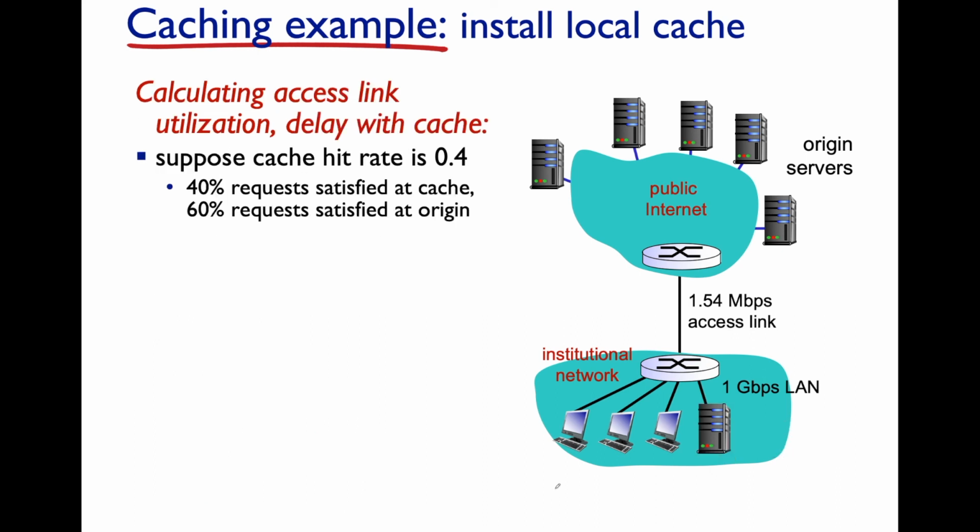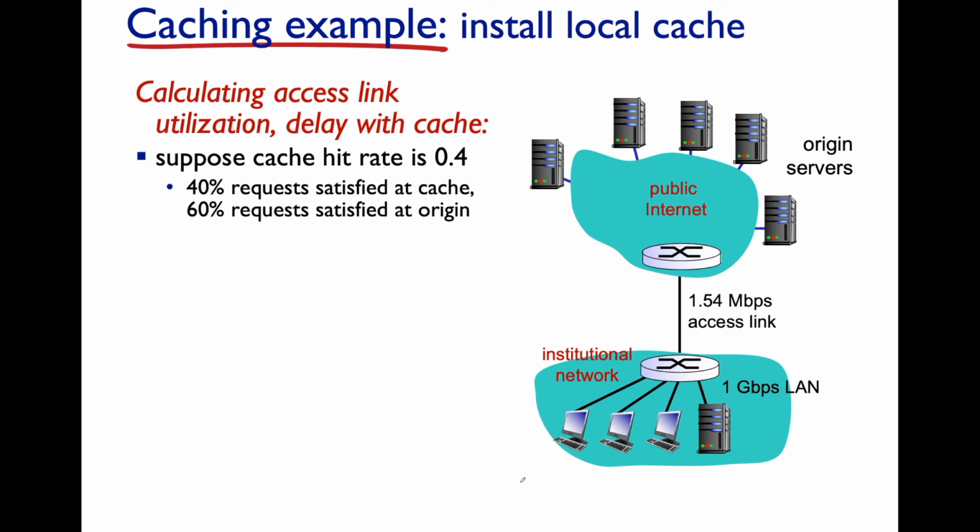So let's suppose that the hit rate for this cache, meaning the rate at which requests are satisfied in the cache versus having to go to the origin server. Let's say 40% of the time you get such a quote-unquote hit. The request is satisfied at the cache. The remaining 60%, it needs to be satisfied at the origin server.